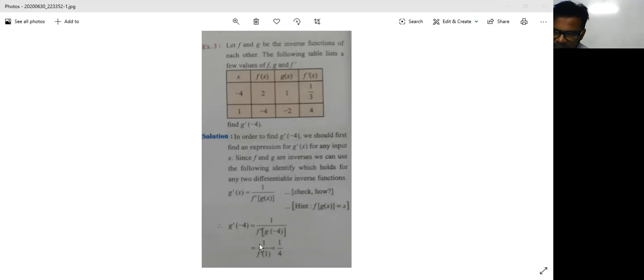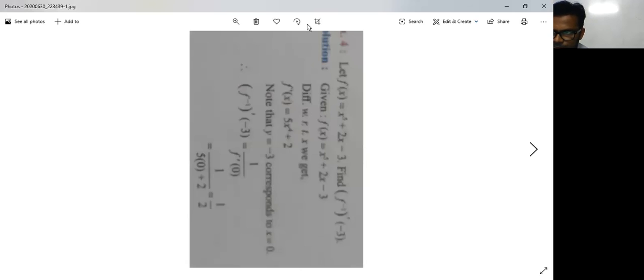And when f dash x is 1, f dash of x is 4, यहाँ देखो यहाँ this is 4, so this becomes 1/4. Let's move on to next topic, that is now you got f of x.